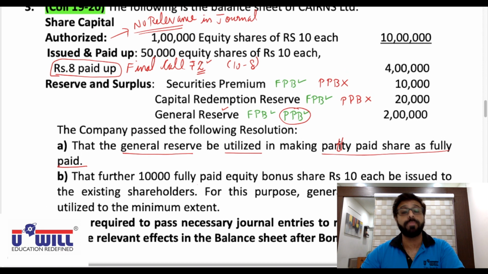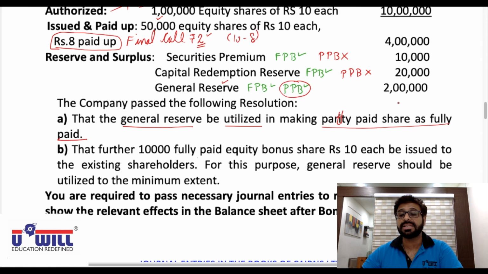Final call of 2 rupees would be given as partly paid bonus. So 50,000 shares into 2 rupees of final call. That is what amount? 1 lakh rupees.